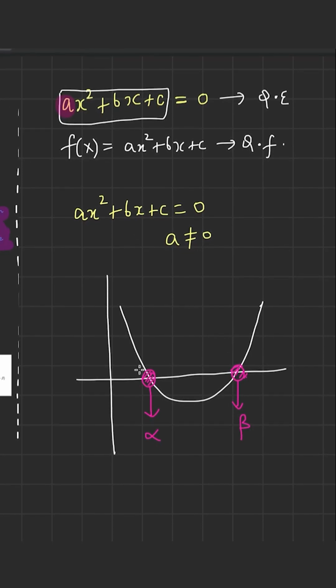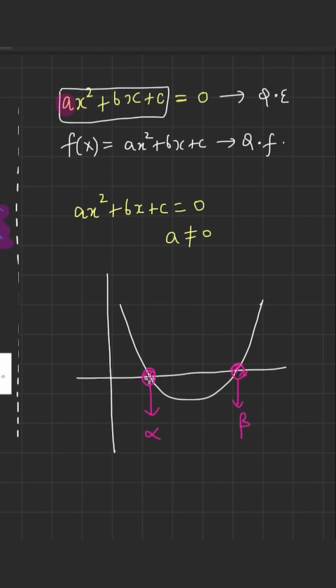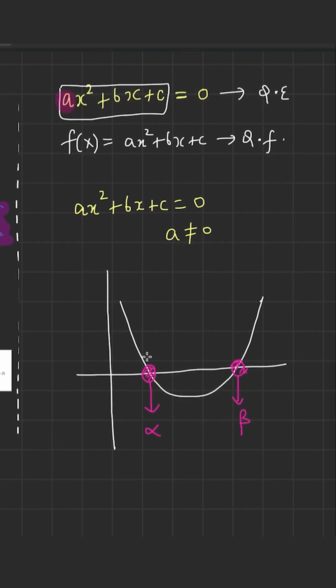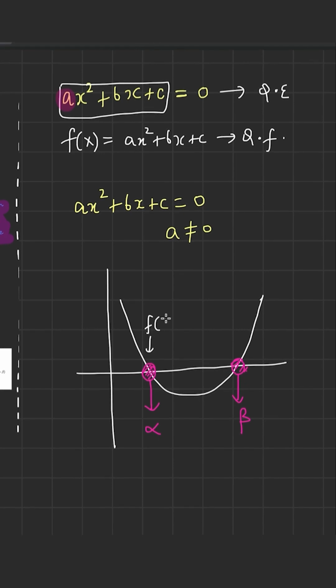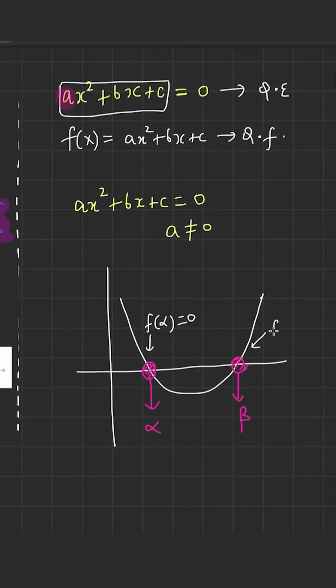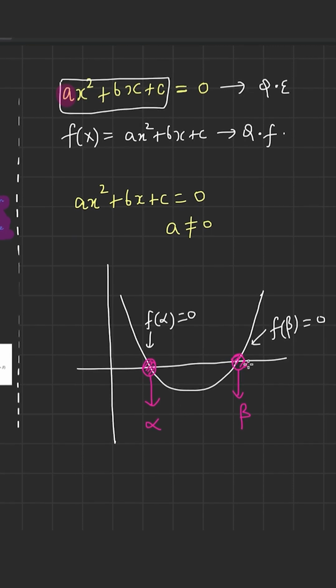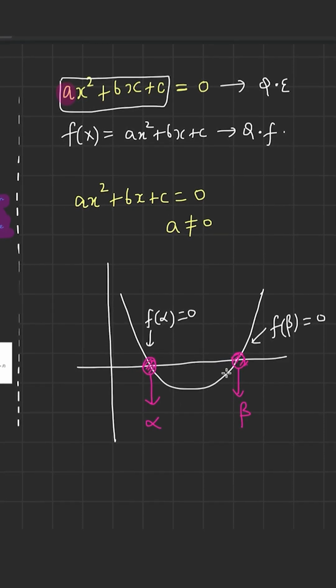So we can say that whenever the value of x is equal to alpha, the function value or the quadratic equation value will be 0. So here f of alpha equals 0. Here you can say f of beta equals 0. So you can say alpha and beta are the roots of this particular quadratic equation. Why?